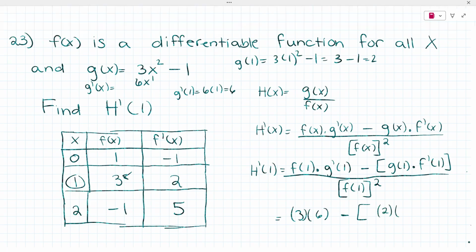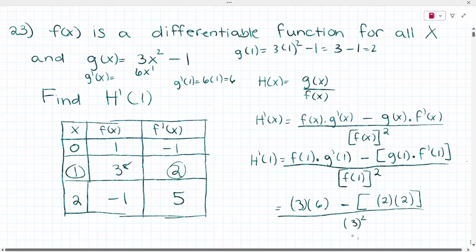And then f prime of 1, we look at the table, here's the f prime. If we plug in 1 into f prime, it spits out 2. All over f of 1 squared. So f of 1 squared, that would be 9, right? Or it would be 3 and then square that.